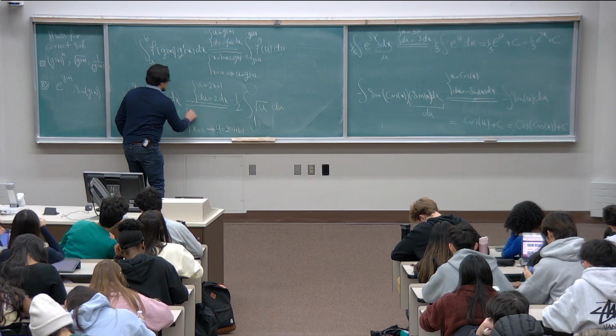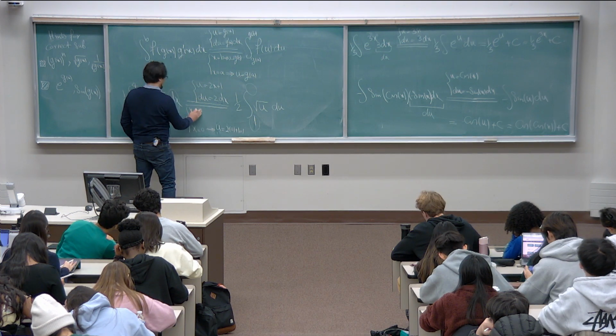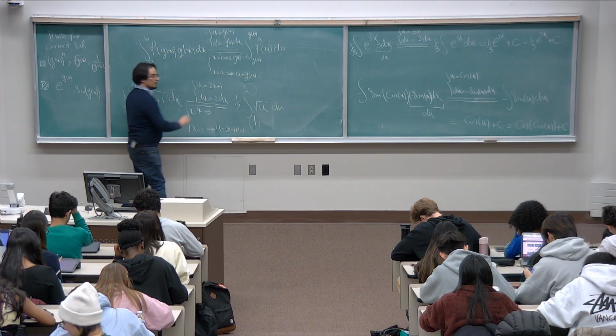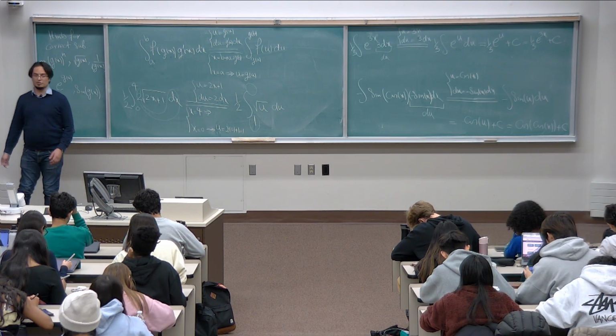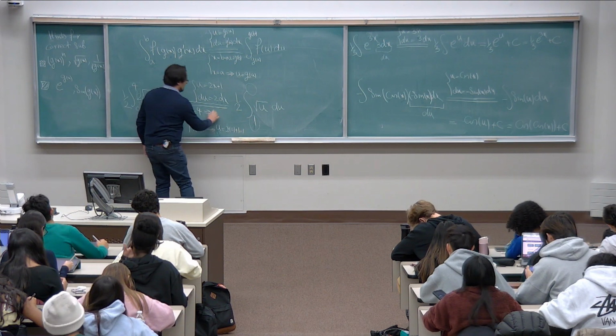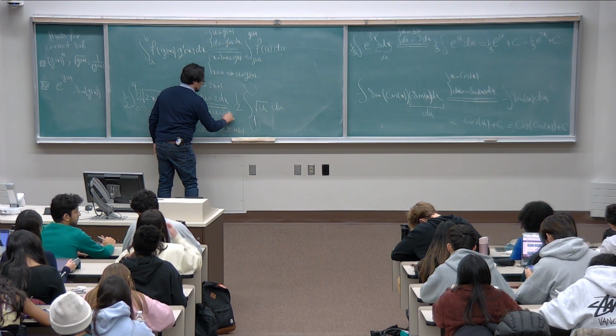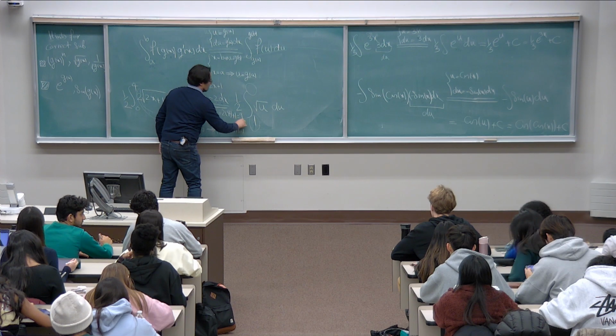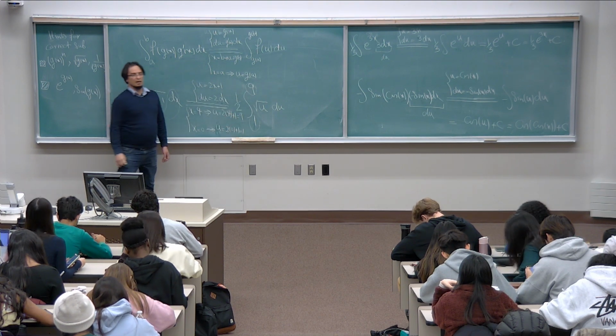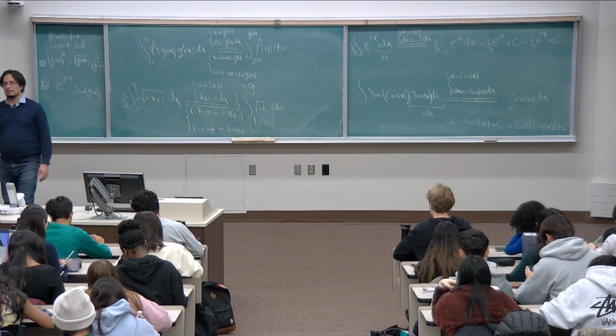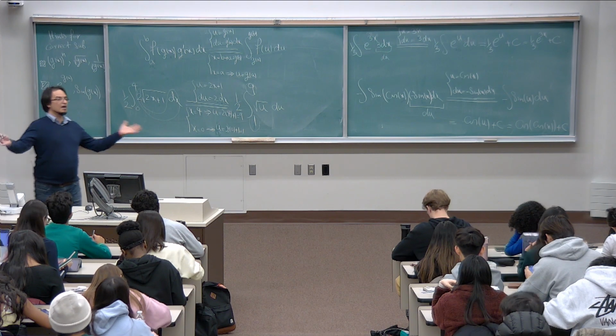How about x equal to 4? That's the upper limit of the x integral. That will give me the upper limit of the u integral, which is 9. It is now done.